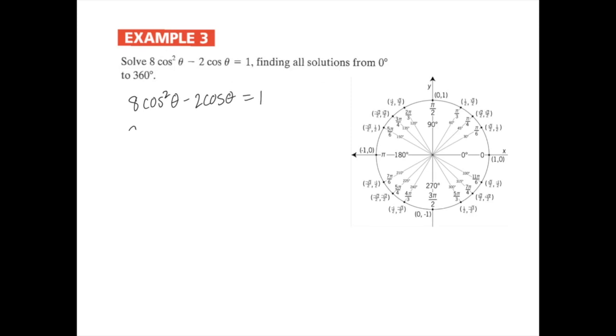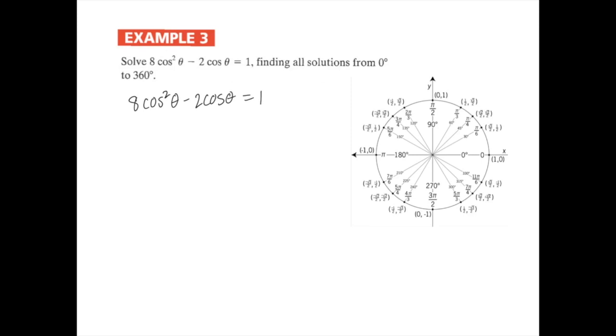So if you thought of this as 8x squared minus 2x equals 1, where I replaced the cosines with x's, you can see how it looks just like a quadratic equation, and if we were trying to solve this as a regular quadratic equation, we would probably try to factor it. So we're going to take the same approach here, except using cosines instead of x's.